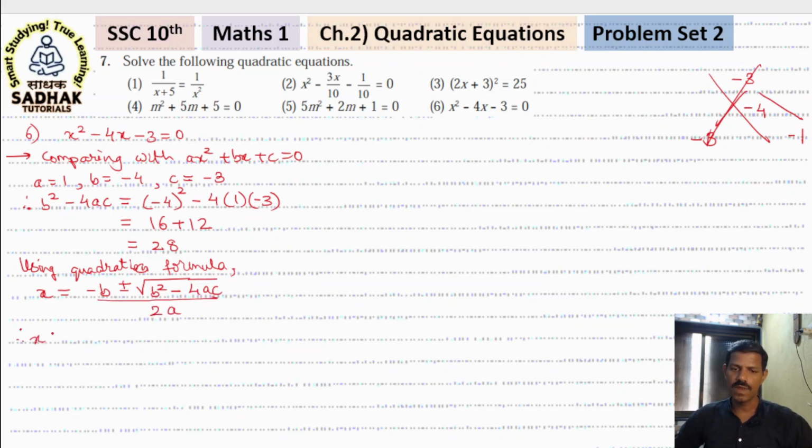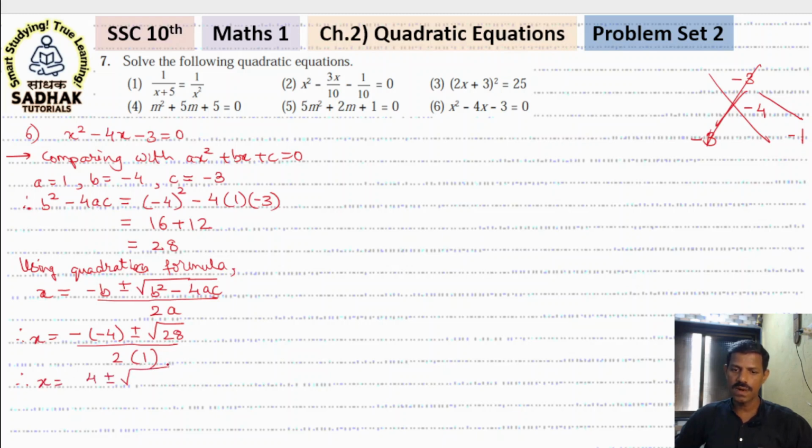So therefore x will be equal to minus, the value of b is minus 4, so we write 4, plus or minus the value of the discriminant, which is 28, divided by 2 multiplied by a, the value of a is 1. Therefore x will be equal to 4 plus or minus.